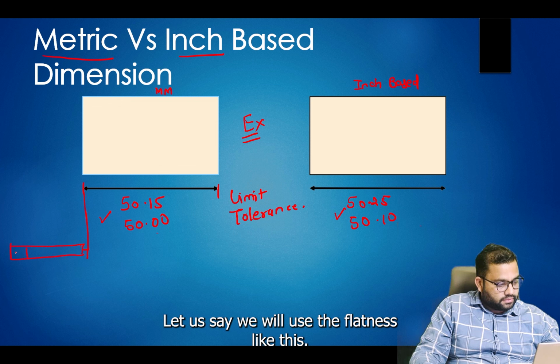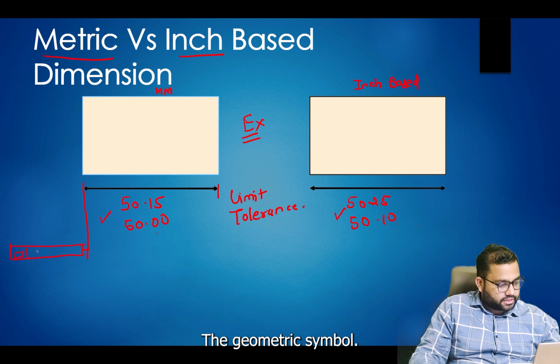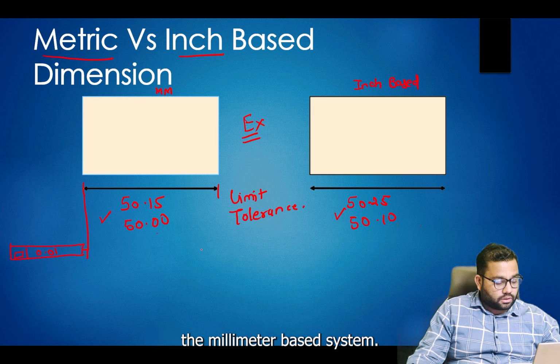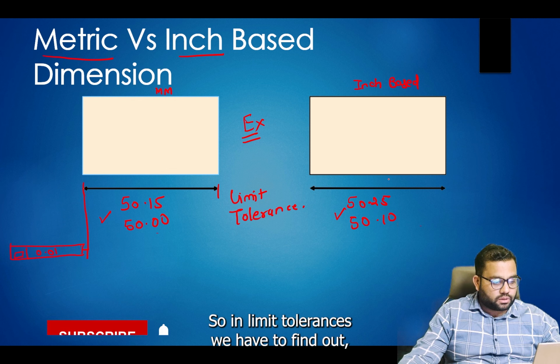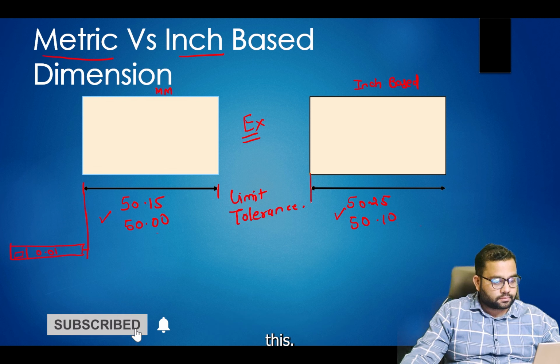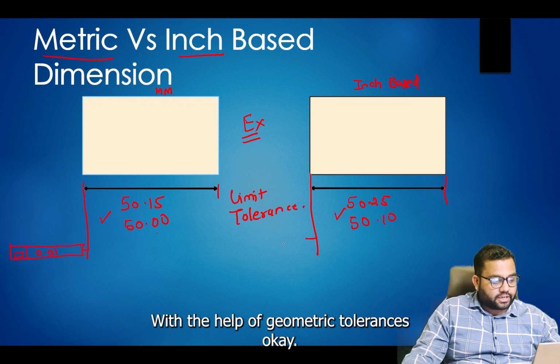Let's say we will use the flatness, like this, the geometric symbol. And if we have written 0.01, it means it is millimeter based system. So in limit tolerances, we have to find out this with the help of geometric tolerances.